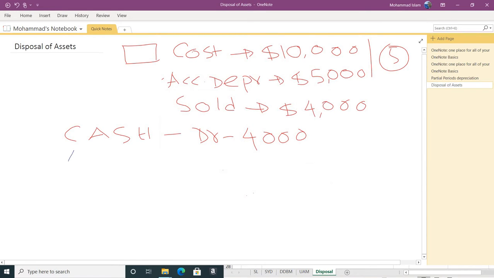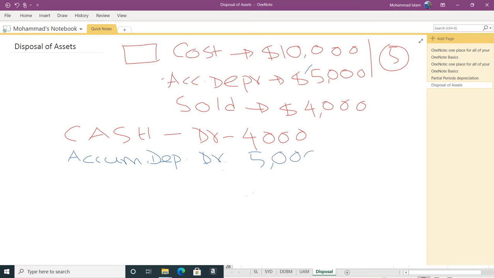So accumulated depreciation would be debit as well, that is total 5,000. Now, the asset that we have sold should be credit because the asset is no longer with us.